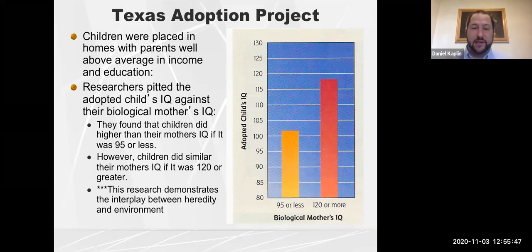So it was relatively stable. So that would be on the right side of this graph in red. Once again, that's the nature side of the argument.